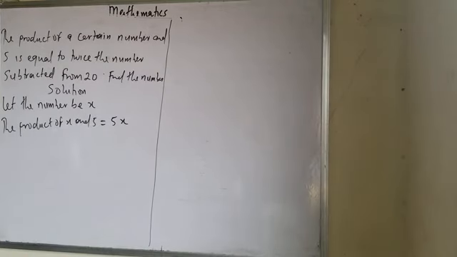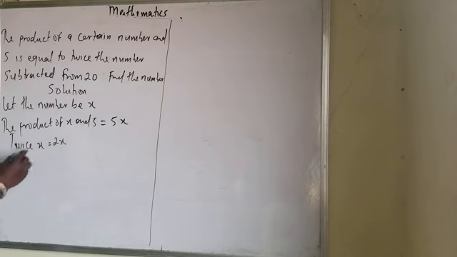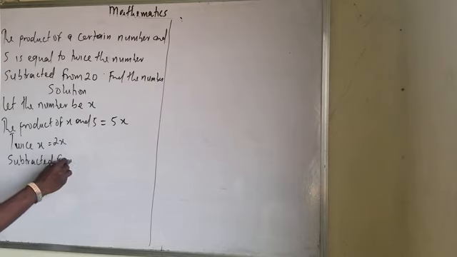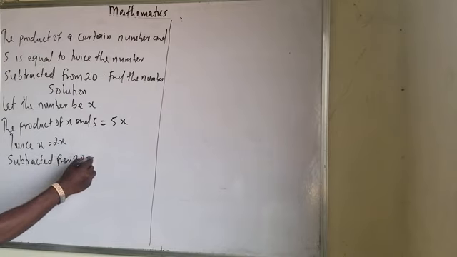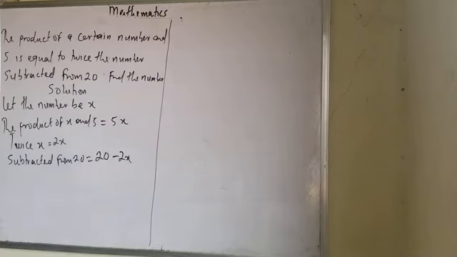Please take note of that. Now, twice x, which means 2x, subtracted from 20, which means 20 minus 2x.